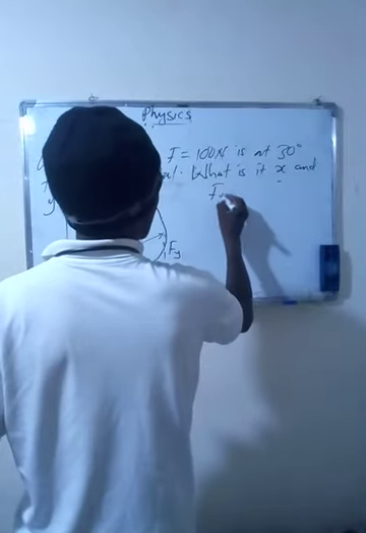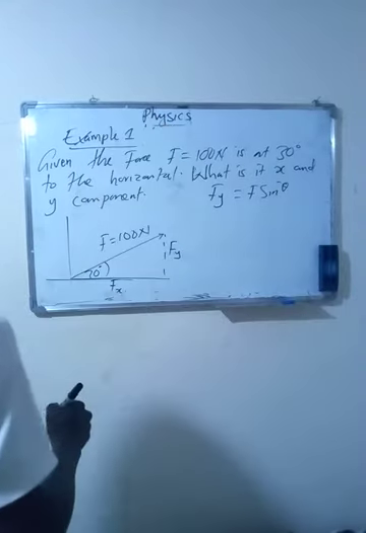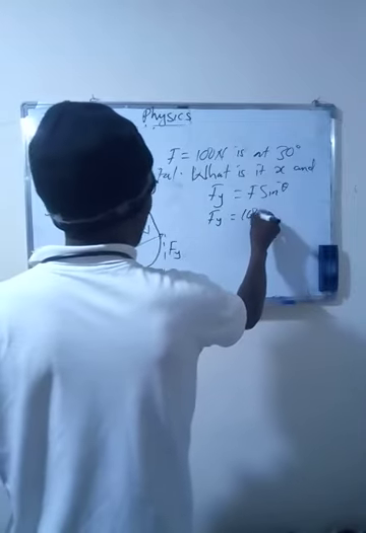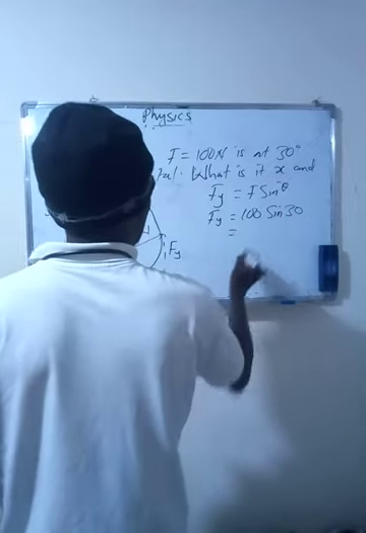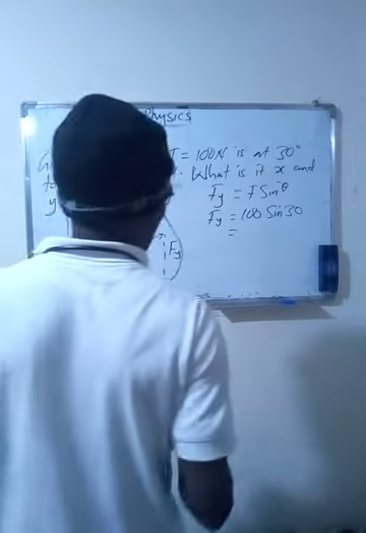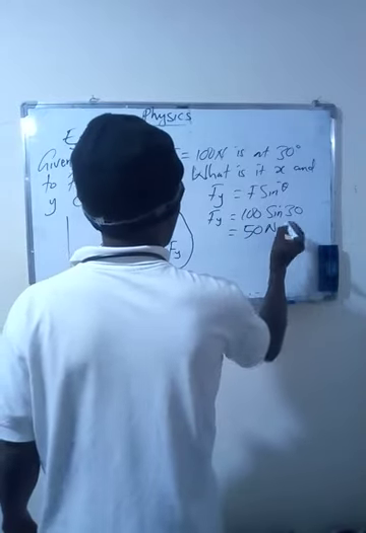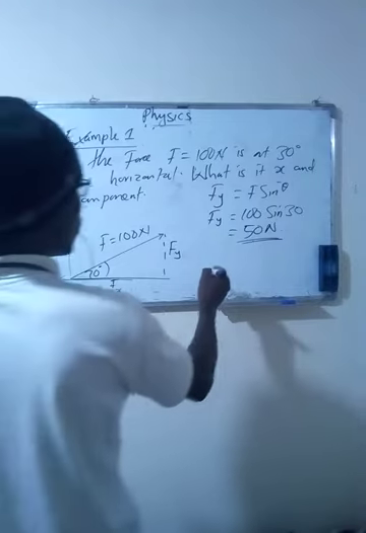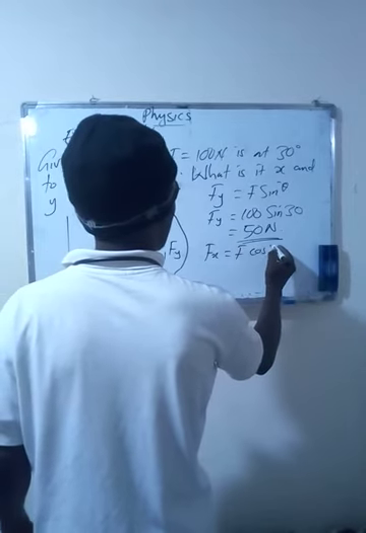So this is going to be equal to what? Sine 30 is 0.5. So 0.5 multiplied by 100 is going to be 50 newtons. And then we look for Fx, which is equal to F cos theta. This is going to be equal to 100 multiplied by cos 30. Now, I'm not using a calculator. Cos 30 is what? It is root 3 over 2.